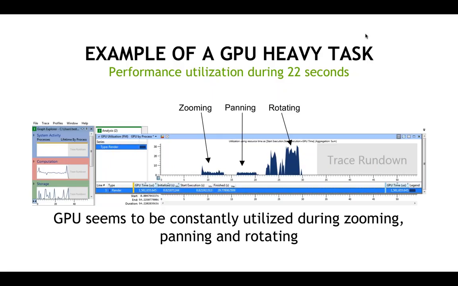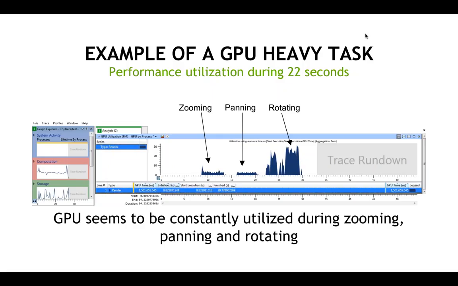You can download it and run it within your environment, and it gives us the ability to monitor the usage of the GPUs. If you look here, within an application we are panning, zooming, and rotating an object. And you can see over this 22-second period that the GPU looks fairly consumed, right? It's busy as can be.